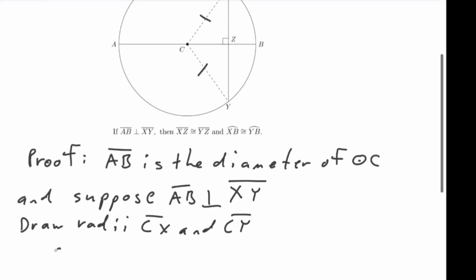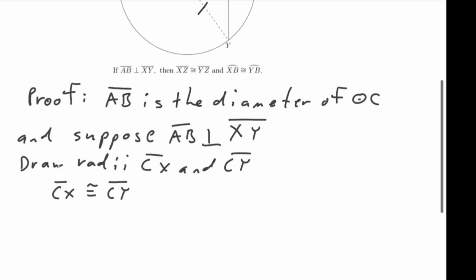So I know CX is congruent to CY, because they're both radii. I know CZ is congruent to itself.